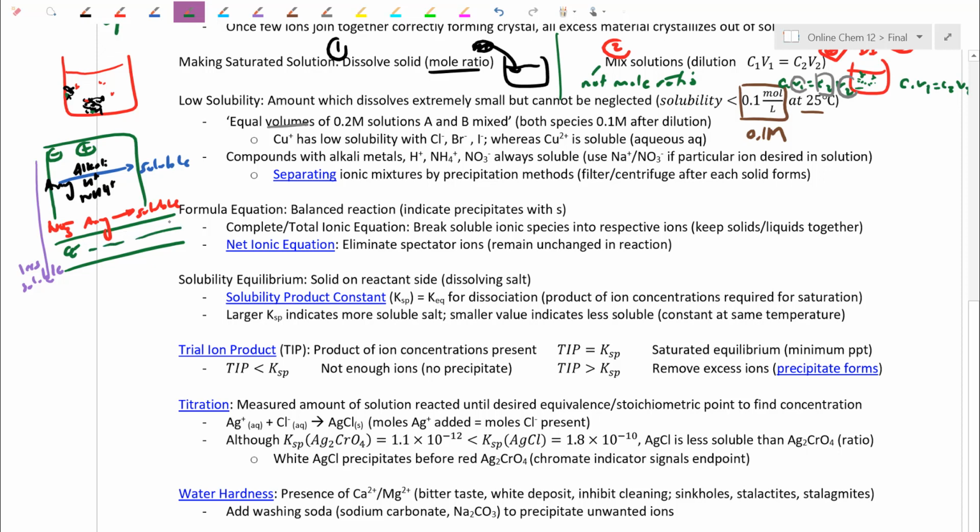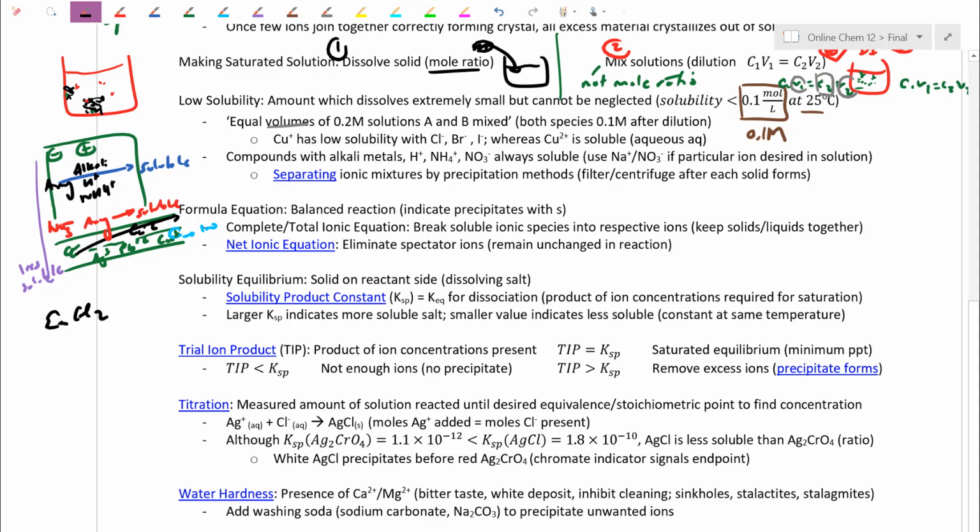Chloride with many things is soluble, but if it's with silver, lead 2+, or copper +1, the charge matters. Copper +1 and chloride is low soluble. But what about CuCl2? That is copper using its +2 charge, and that one is soluble. Cu 2+ would be under the soluble case. So do watch out for the charge as well.